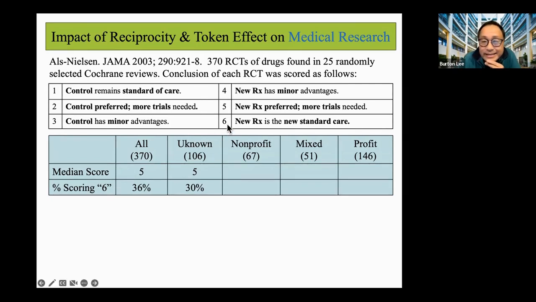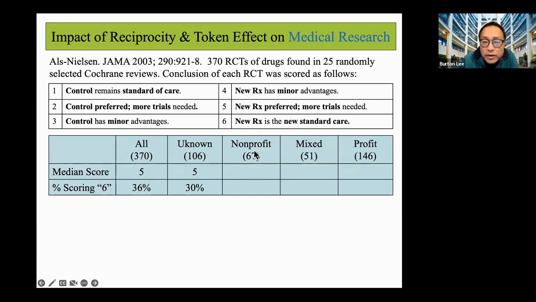In contrast, a 6 is the opposite, that the new drug or new treatment is so much more effective than the control that it should now be the standard of care. And then everything in between is 2, 3, 4, and 5. Okay. So of all the 370 RCTs put together, the median score, first of all, was a 5, and 36% of them were a 6.